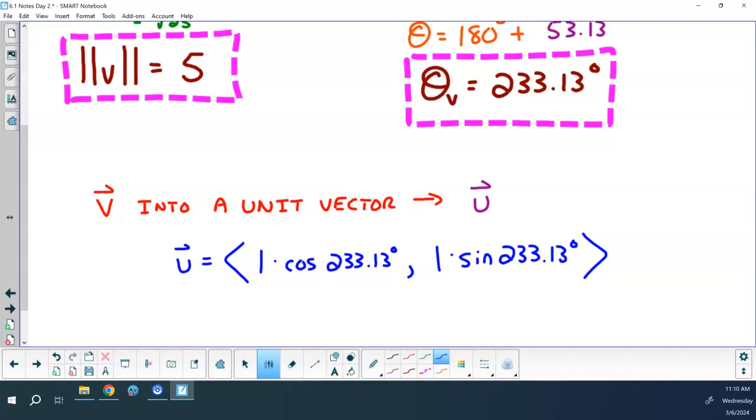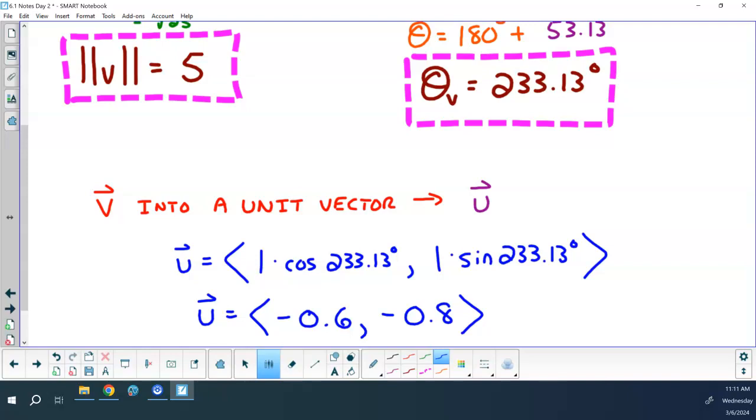If I do the cosine of my answer, I would get negative 0.6 for the cosine of that, and the sine is negative 0.8. Unit vectors have a length of 1, so their magnitude is 1.